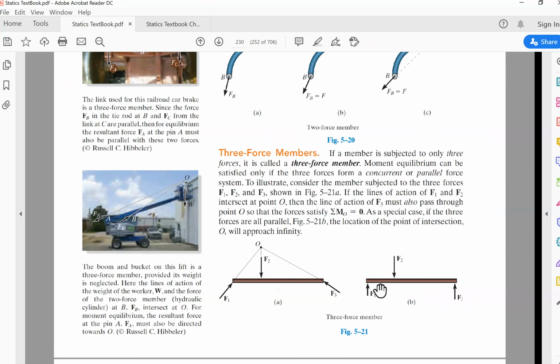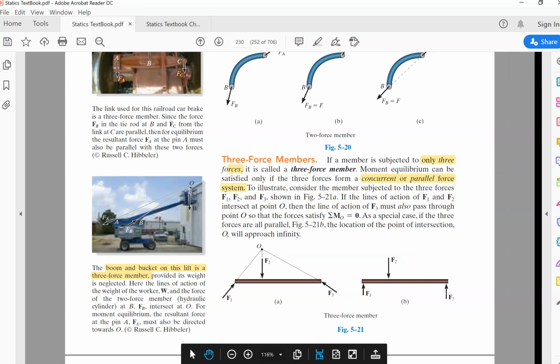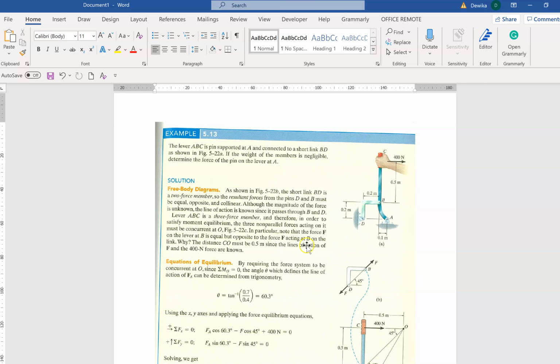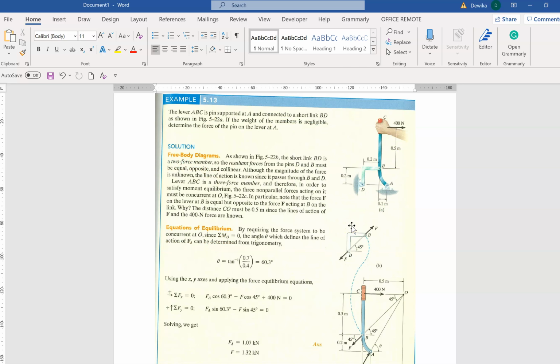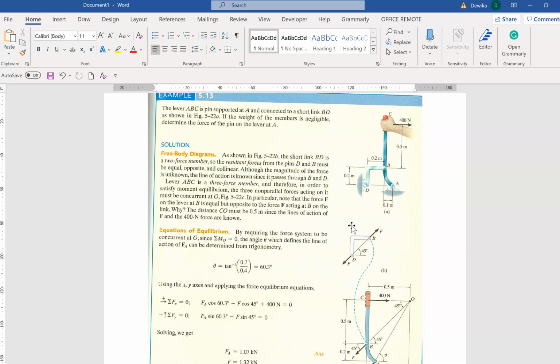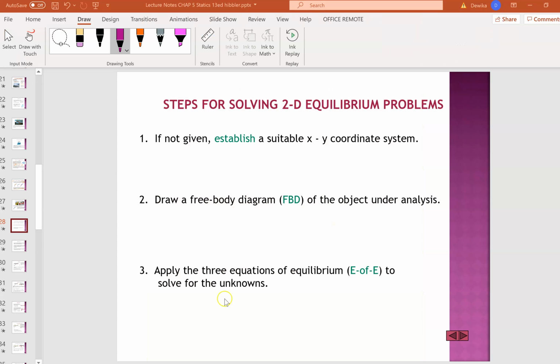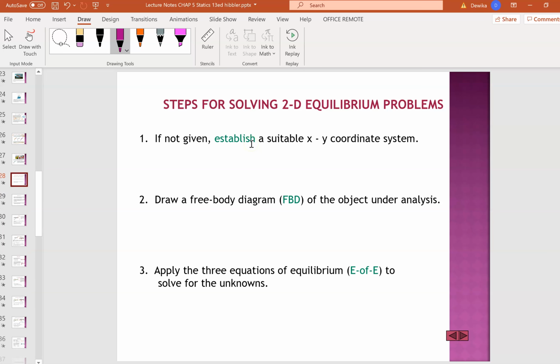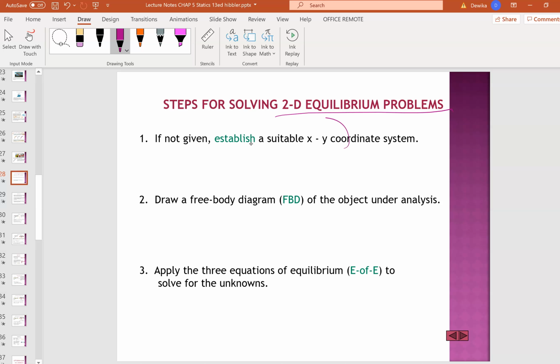Let me just go through an example for you so that your understanding gets better. This is a very good example covering both the two force and three force member. Before I forget, let's look at the steps for solving 2D equilibrium problems. What is the first step? You establish your coordinates.